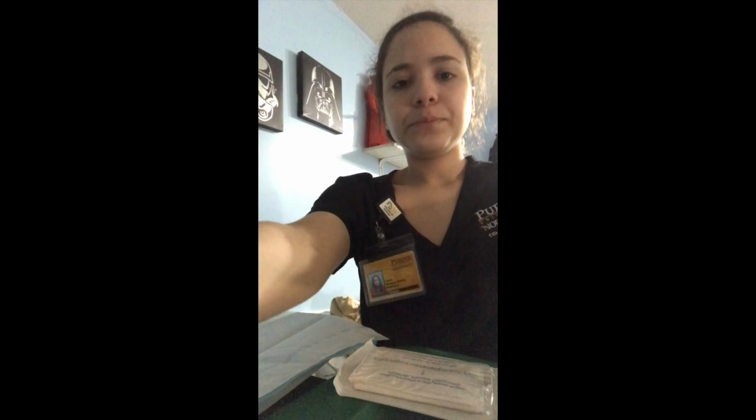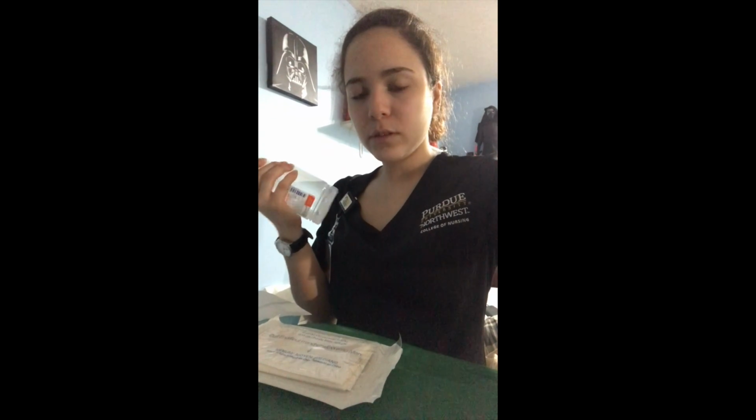So now I have my sterile field, and I also need a solution to clean the wound. I have my solution that is still closed. If it was already open, I would need to discard a little of the solution before using it on my patient.